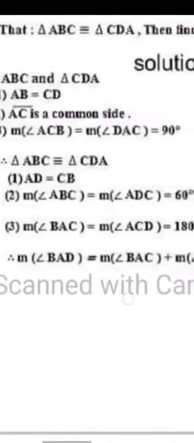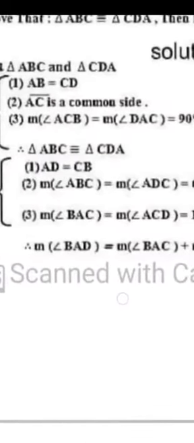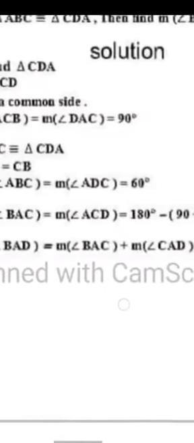In the two triangles ABC and CDA, AB equals CD and AC is a common side, and the measure of angle ACB equals measure of angle DAC equals 90. Then triangle ABC is congruent to triangle CDA. Then we find AD equals CB and measure of angle ABC equals measure of angle ADC equals 60.